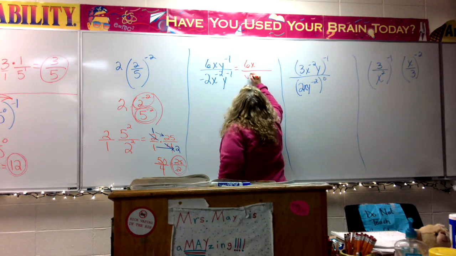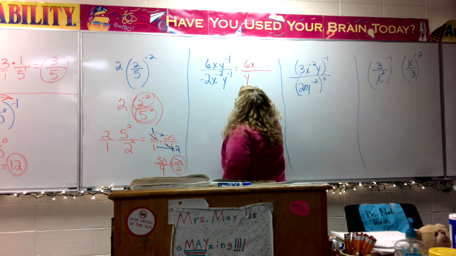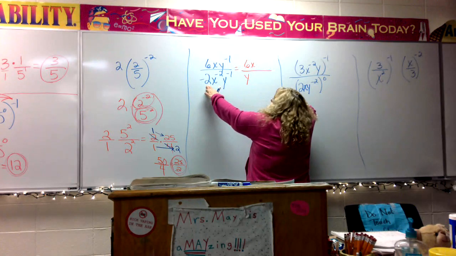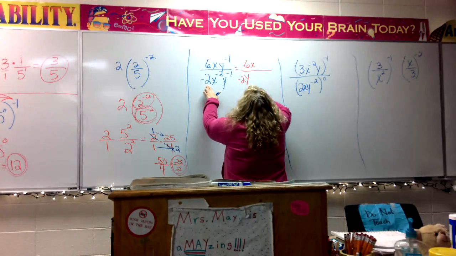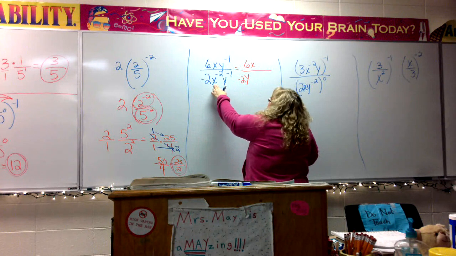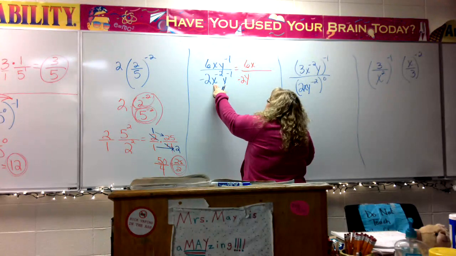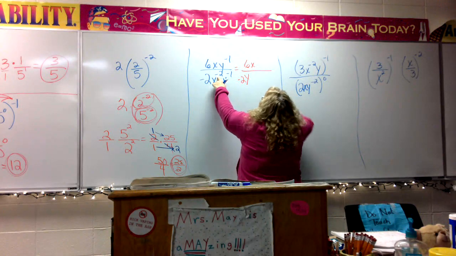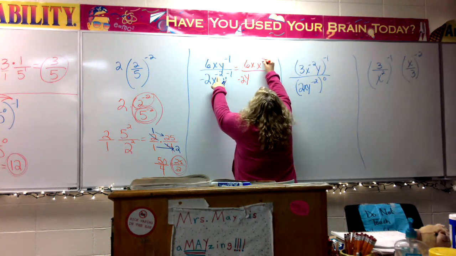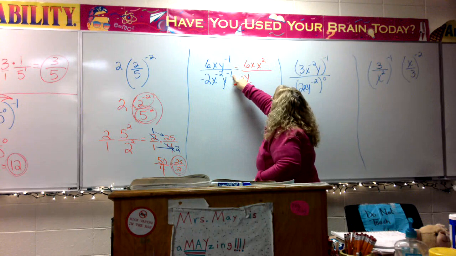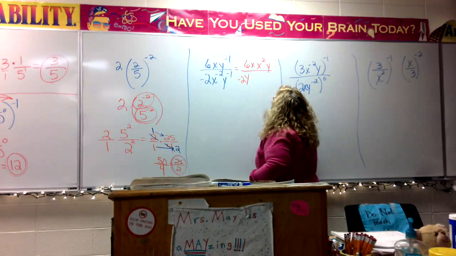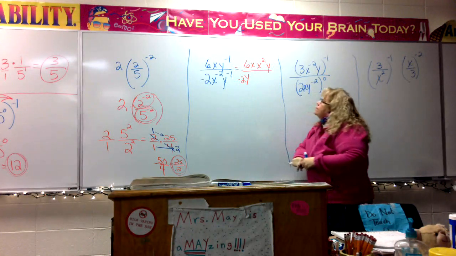Right, bottom. Y to the first. Change it or leave it? Leave it. It's just a regular old negative 2. Change it or leave it? X to the negative 2, I've got to bring it up and make it positive 2. y to the negative 1, bring it up and make it y to the first.